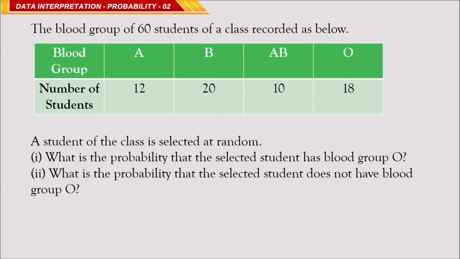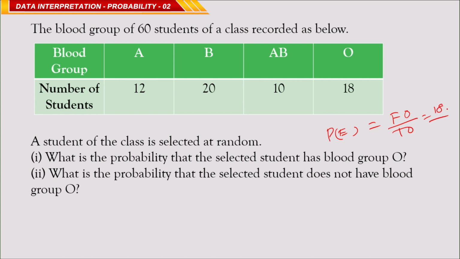Just now I said the formula: P of E is simply the number of favorable outcomes by the total outcomes. When you select one student, that student should have O group blood. You have to select that student from 18 students, so favorable outcomes is 18.